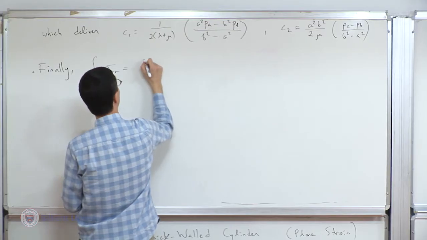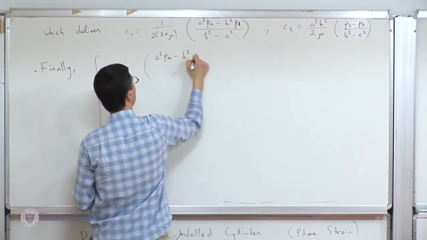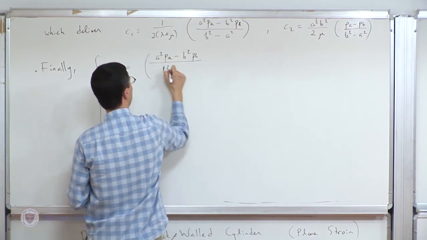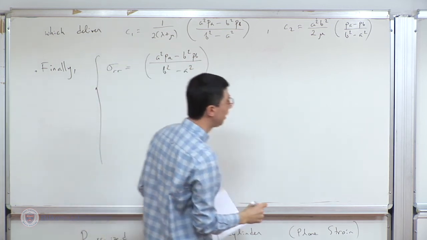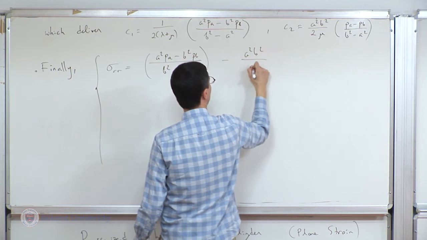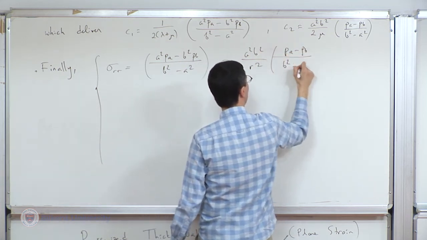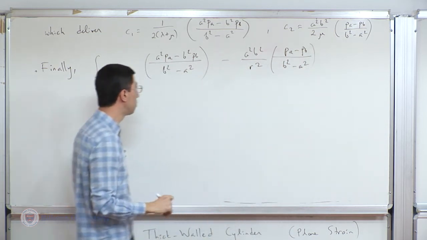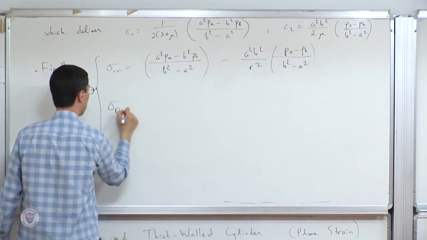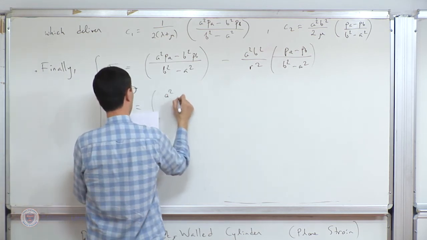So I have a squared Pa minus b squared Pb, over b squared minus a squared, and minus a squared b squared over r squared. Okay, so sigma rr, I've done that very quickly because it's written on the board. The remaining two are not any harder. Let me write down the results again.